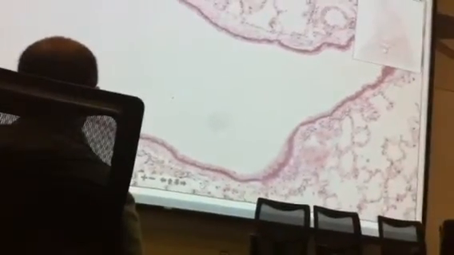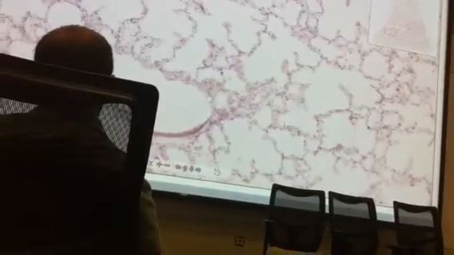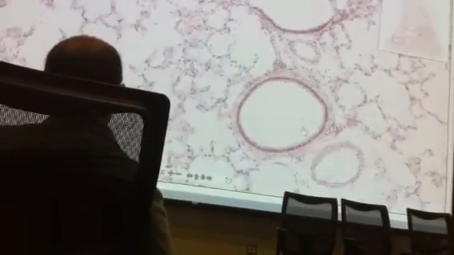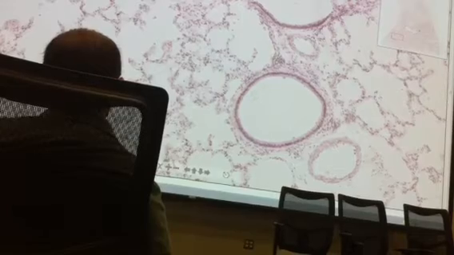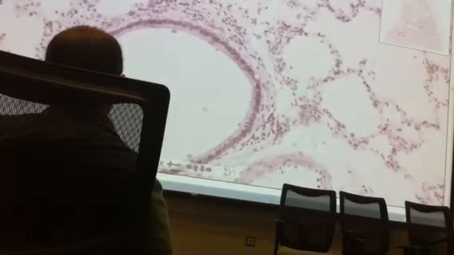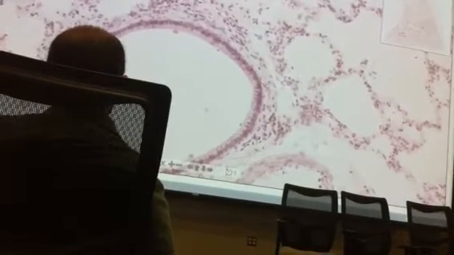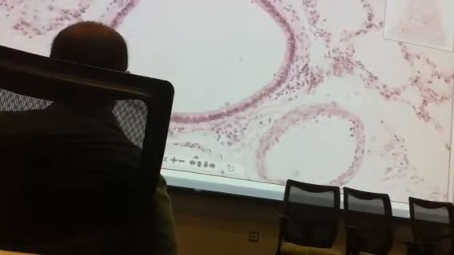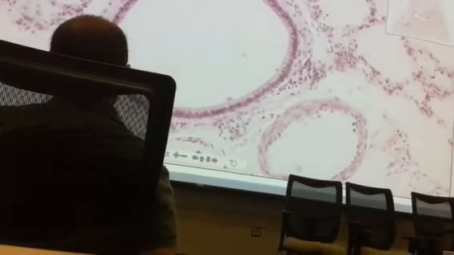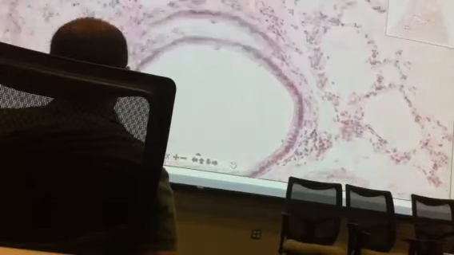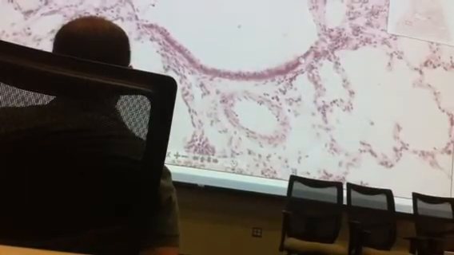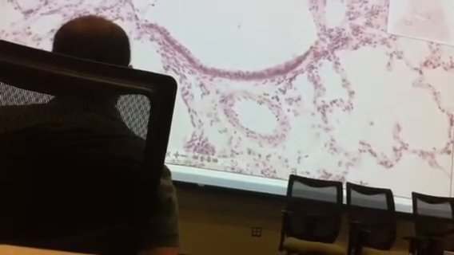Here we can see down towards the terminal bronchioles or respiratory bronchioles.